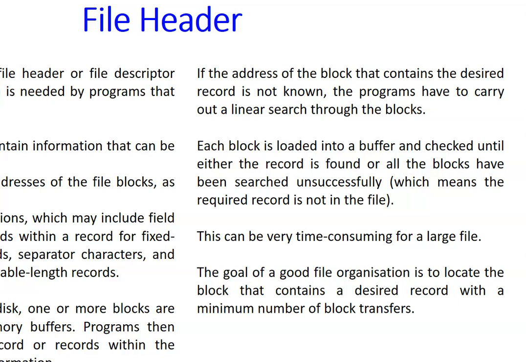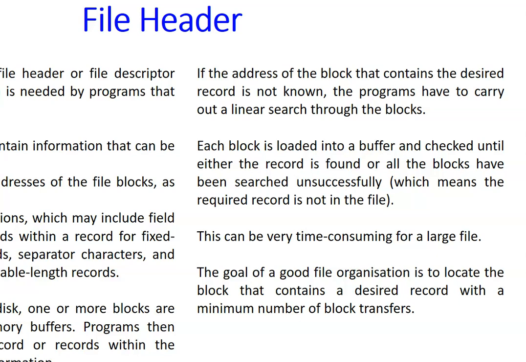So the goal of a good file organization is to locate the block that contains the desired record with a minimum number of block transfers. That is what we call looking at efficiency. You want your database to be efficient. So what is the desirable state?